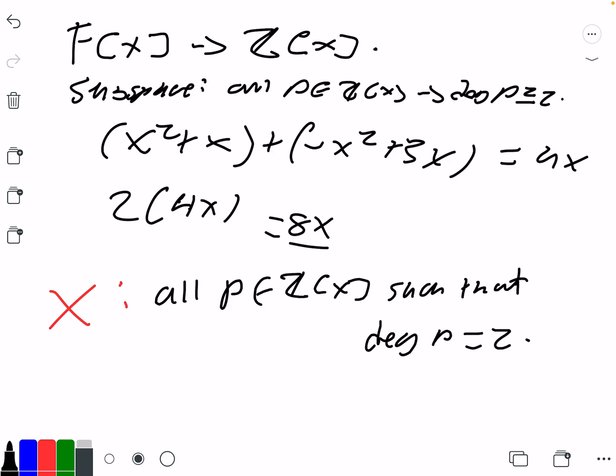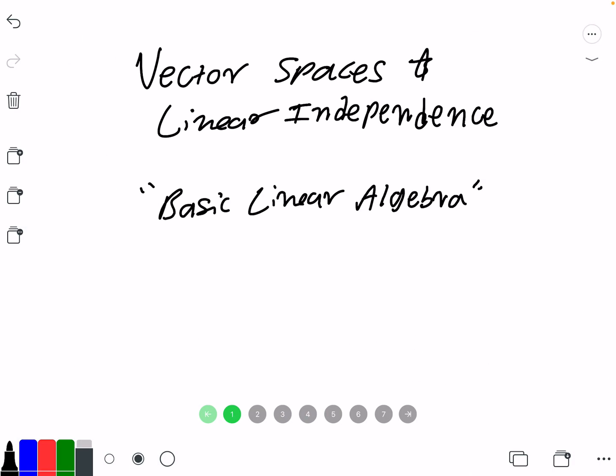Now let's look at the same example above, because these two right here are both technically members of this, they satisfy this condition, but when you add them, you get 4x, which does not have a degree of 2. So it's not a subspace. And you don't have to verify the other thing, even though it actually works for the other thing, because it fails the first part.